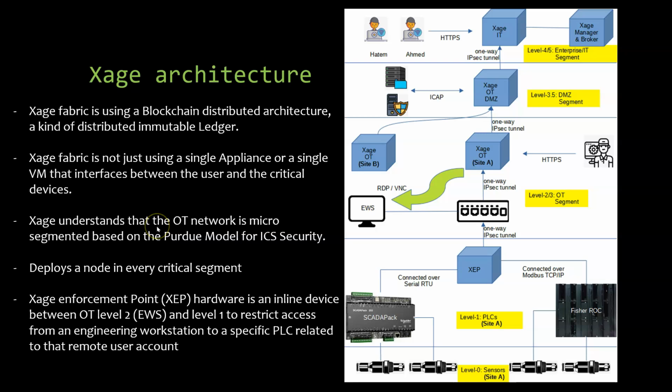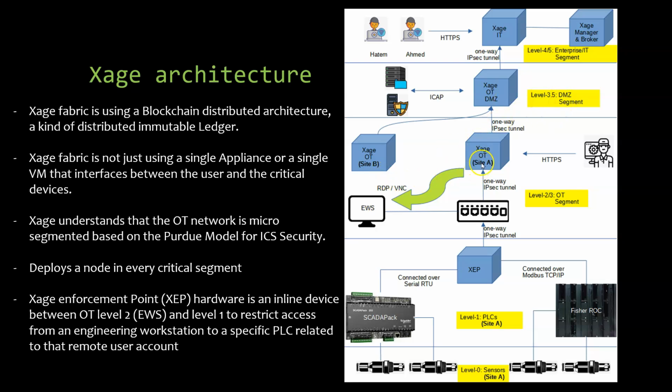So the Xage understands that the OT network is micro-segmented based on the Purdue model. So that's why we deploy a node in every critical segment. So you can see here we have a Xage IT node in the IT segment. We have a Xage OT DMZ segment node in the DMZ segment, the 3.5 level.